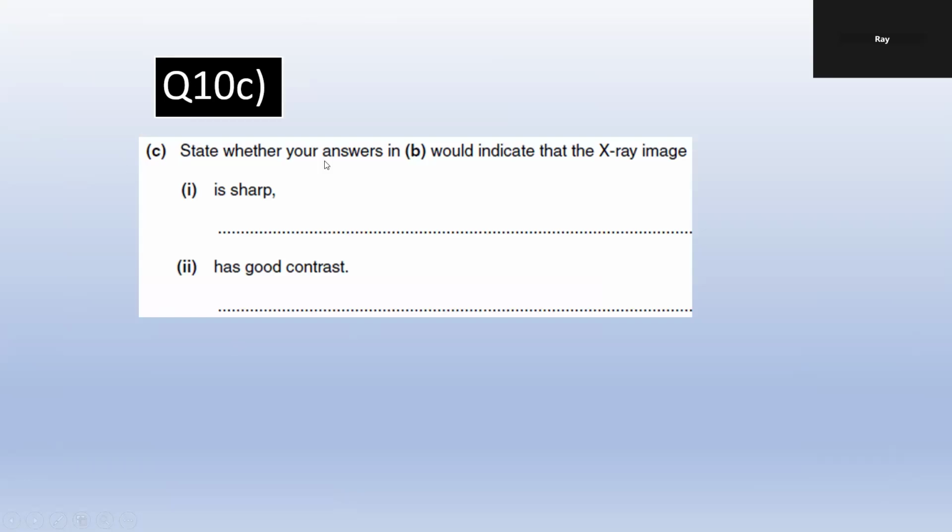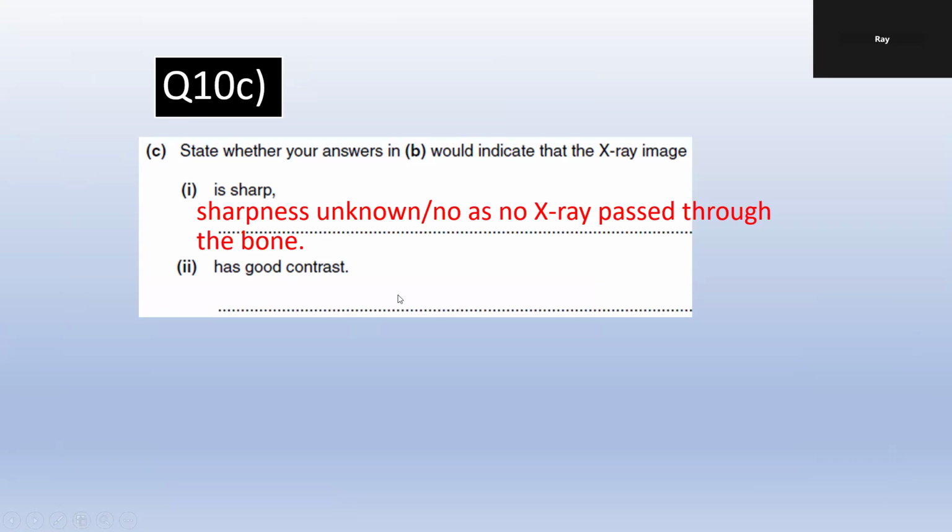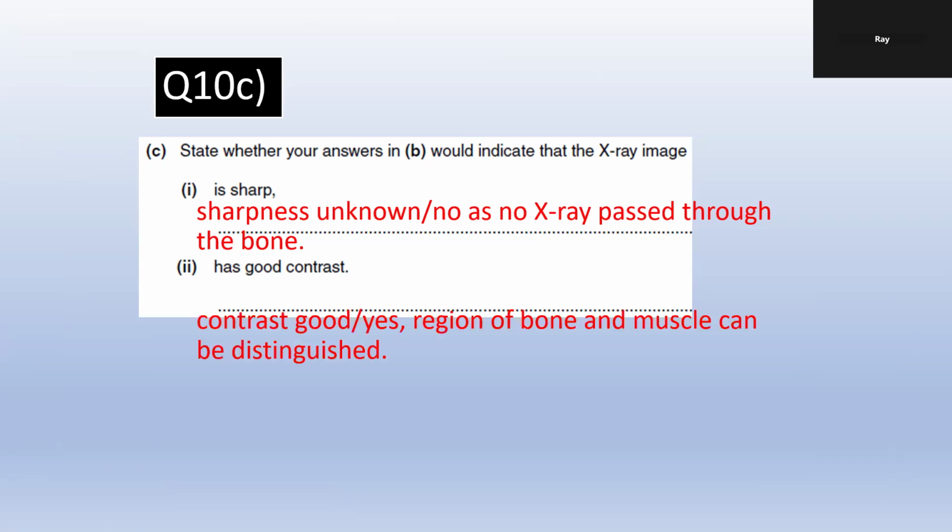Okay, state whether your answer would indicate the X-ray image has good contrast. Sharpness they won't ask you. But has it a good contrast? Contrast is the difference of blackening, like white and black pages, so you can see clearly. You got different attenuation coefficients, so contrast is good: regions of bone and muscle can be distinguished.